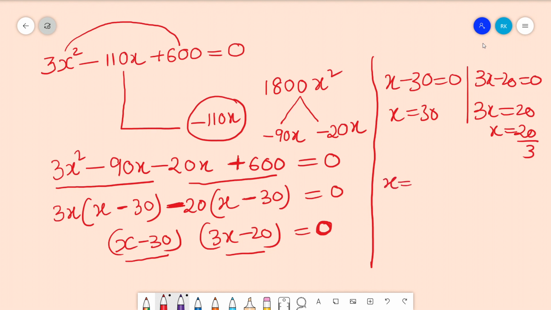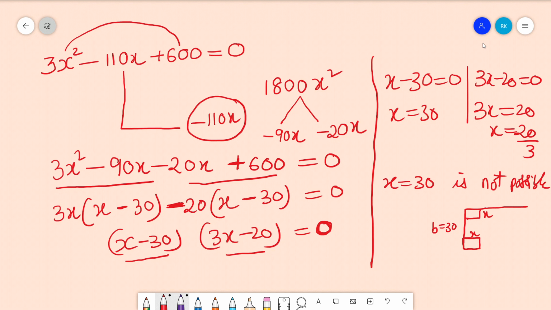x is equal to 30 is not possible. Why? Because in the rectangle, if you notice, the breadth was 30. So we were removing two squares of side x in the corners.